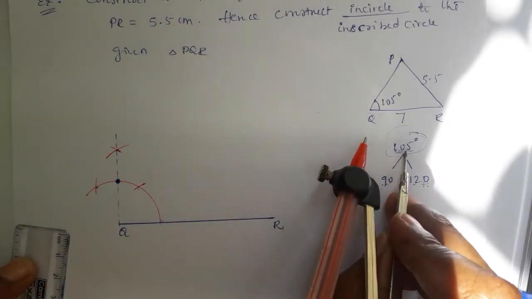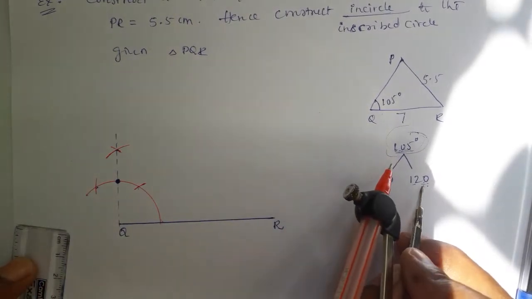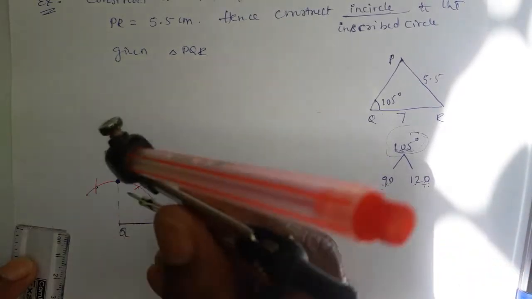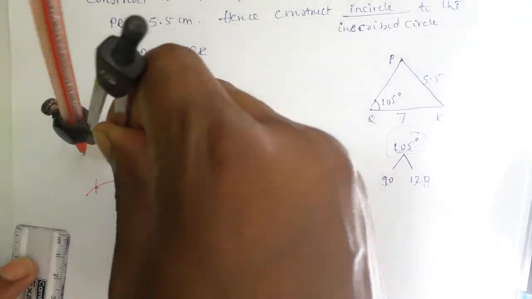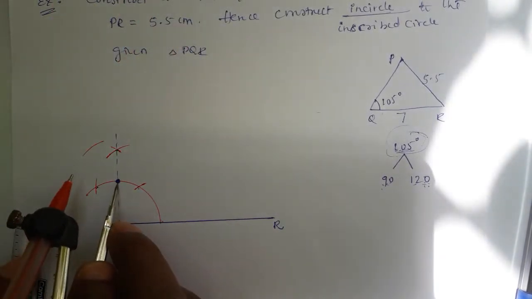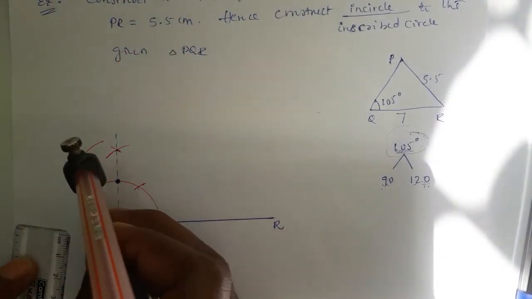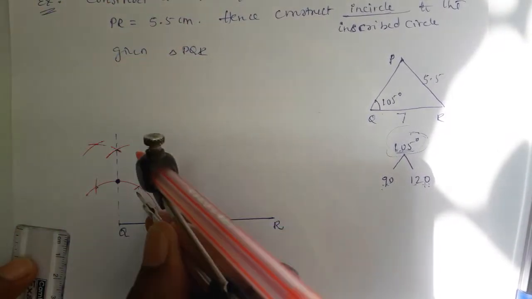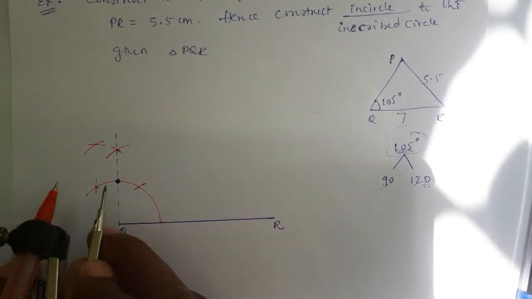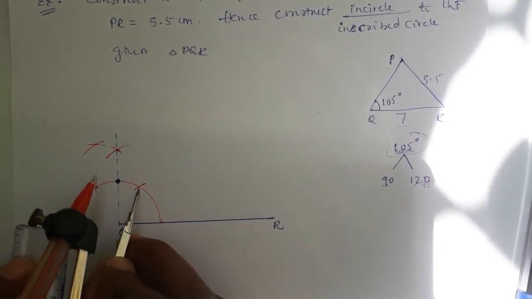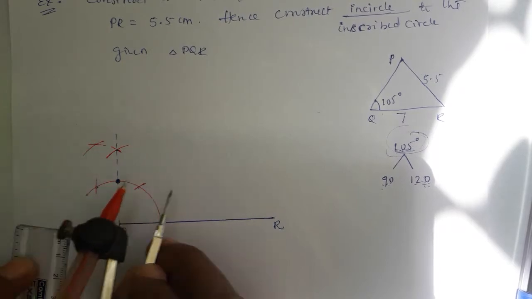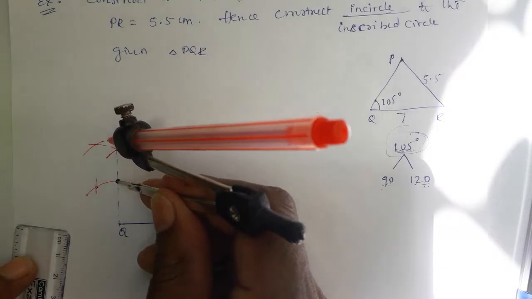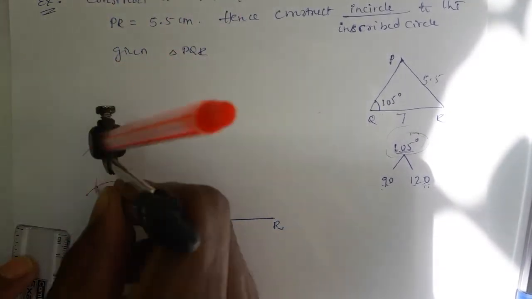To get 105 degree I have to keep compass at 90 and 120, because I have to go in between 90 and 120. So keep compass at 90 first, mark an arc. From 90 I marked an arc. From 120 keep compass now. Suppose from 90 one arc, if you keep 60 degree one more arc, between 90 and 60 you will get 75 degree. Remember, to get 105 degree, the compass position should be at 90 and 120. From 90 an arc, from 120 degree another arc.